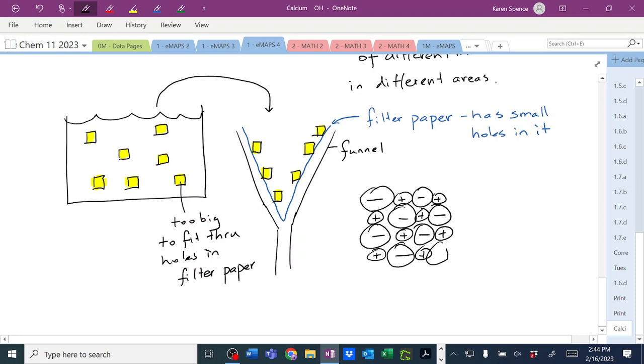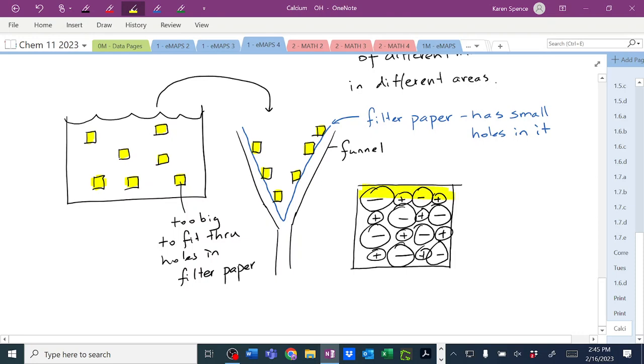Sorry, that was too much fun. Okay, anyway, don't forget that these little yellow squares actually represent that, yes?